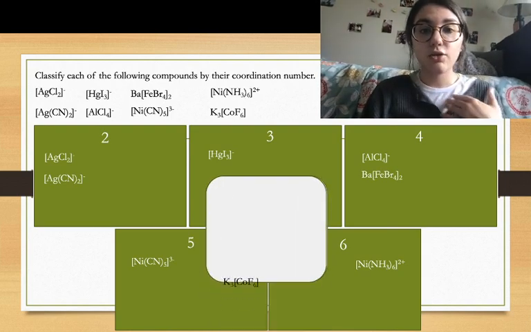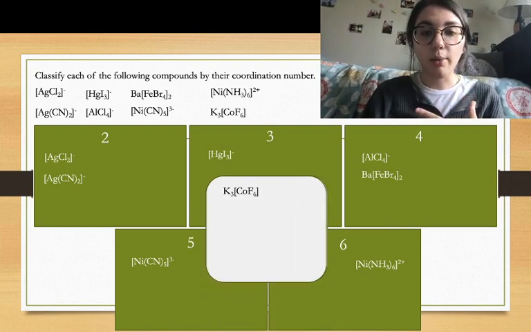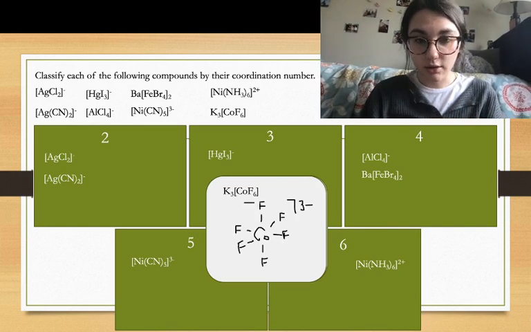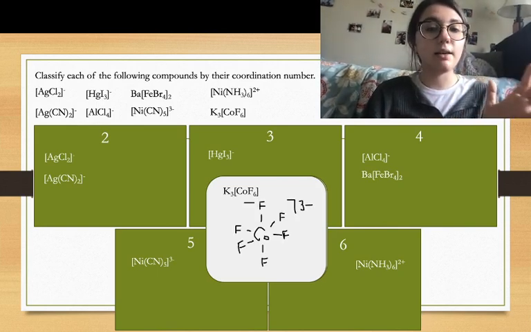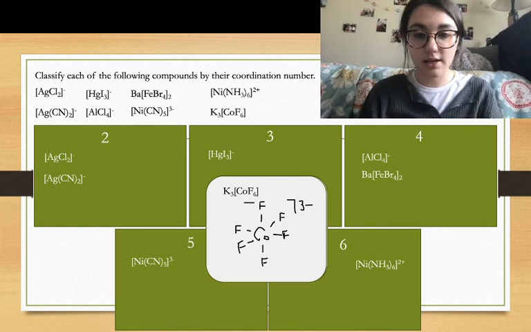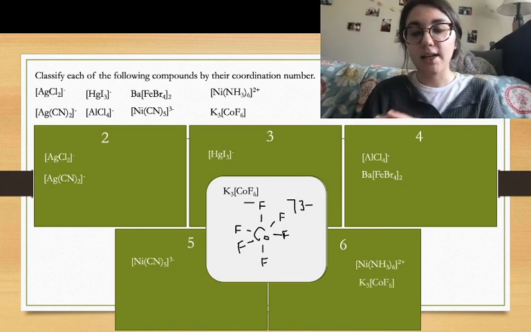And then we can do the same thing here with the cobalt fluorine salt, in that you again have a central atom with 6 ligands, and then the potassium is just a spectator. So again, we'd put in 6. So I want you to pause the video and look through these and ensure that that made sense.